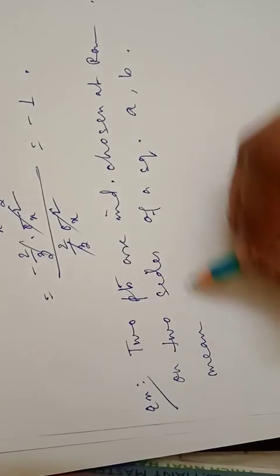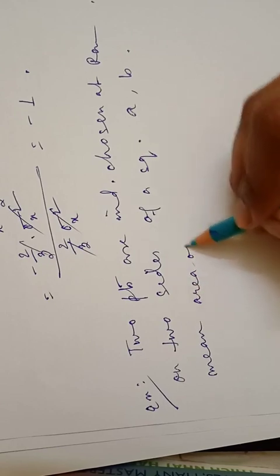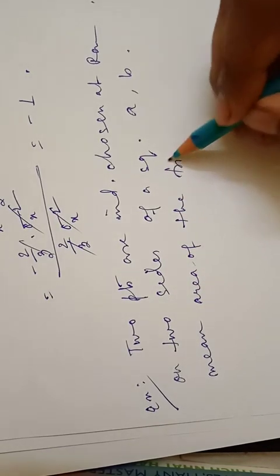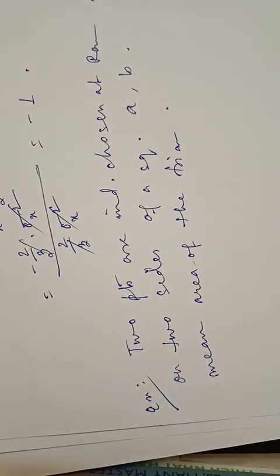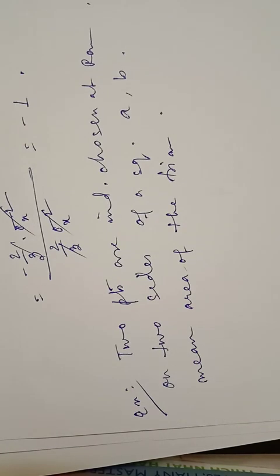Then find the mean area of the triangle formed by the line joining the two random points and the sides of the square.